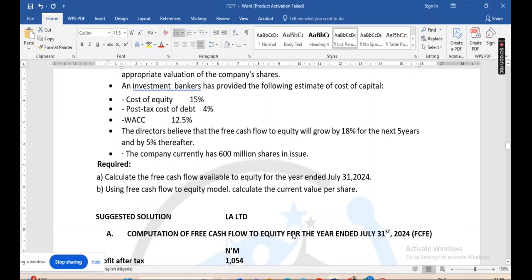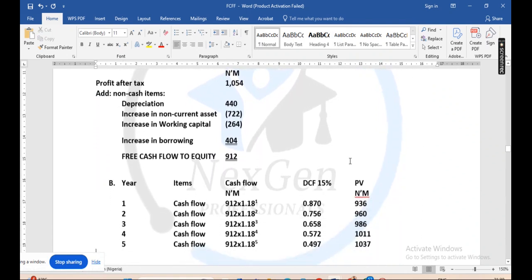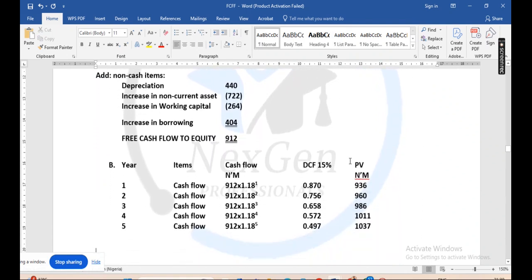And don't forget, there is 5% thereafter. I mentioned that it is to infinity, because the years were not stated. They said 5% thereafter till infinity. Please total this. When you total this, what do you have?